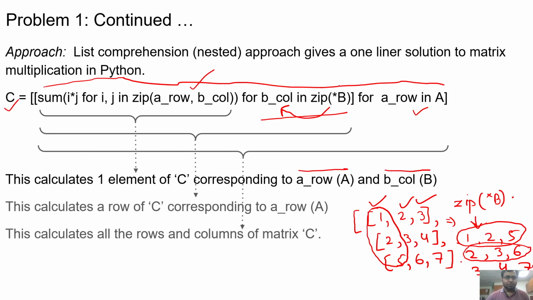Now, when we include this portion, after the first iteration of matrix A to get the row, we complete all the iterations of matrix B. So essentially, we are multiplying the elements of a particular row of matrix A with all the elements of matrix B, and then summing them together.